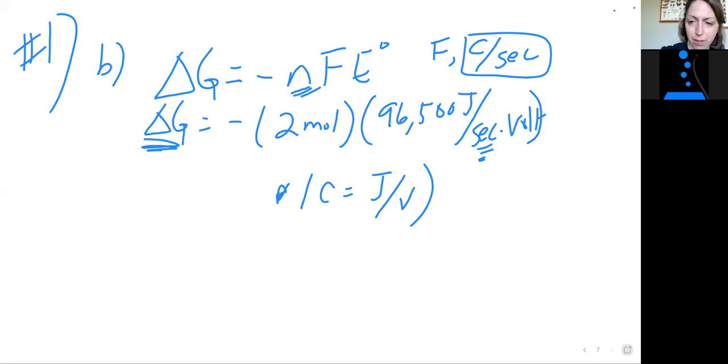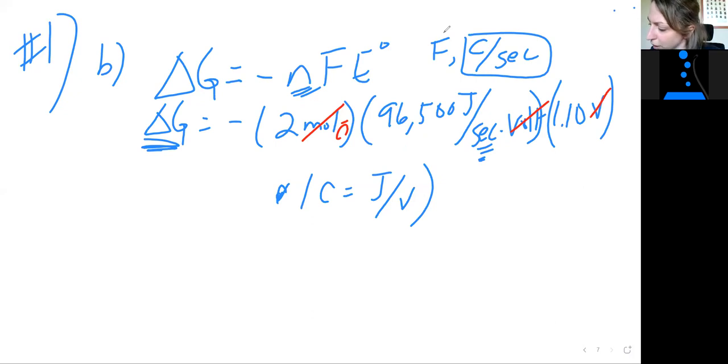And the reason why that's important is then you multiply it by the E cell, which is in volts. So long story short, the reason why I went through that is because you should be able to show that the volts cancel out with the volts, and the moles cancel out with the moles of electrons.